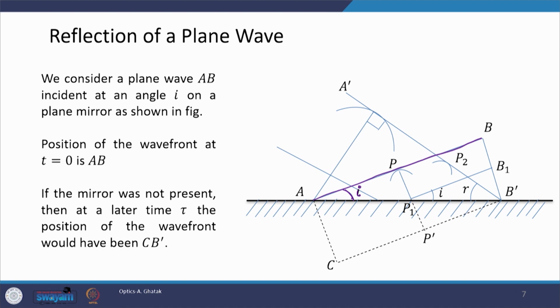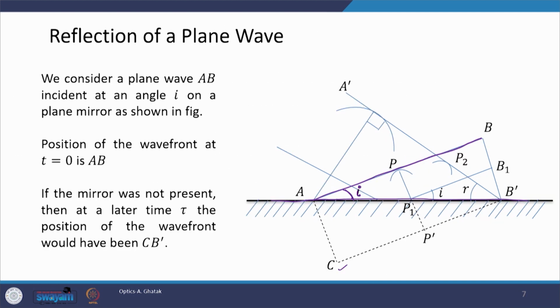This dark horizontal line is a mirror. Had there been no mirror, this wavefront AB would have propagated further and would have reached the position CB prime after a certain interval, but due to the presence of this mirror, this incident wavefront could not reach CB prime.